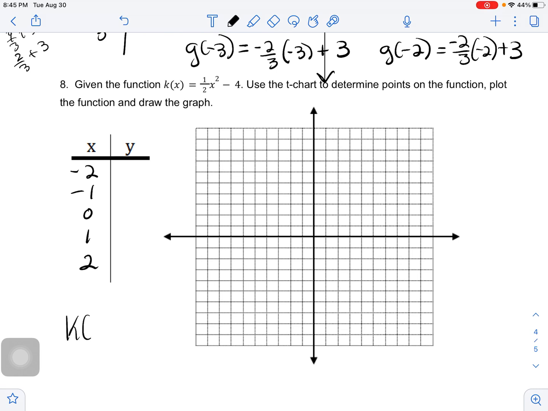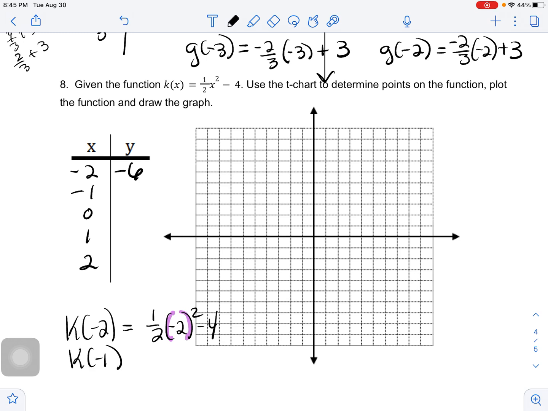So I'm going to do k of -2. So that's going to be 1/2 times -2 squared minus 4. Again, notice my use of parentheses, really important. So -2 squared is 4, half of 4 is 2, 2 minus 4, -6.